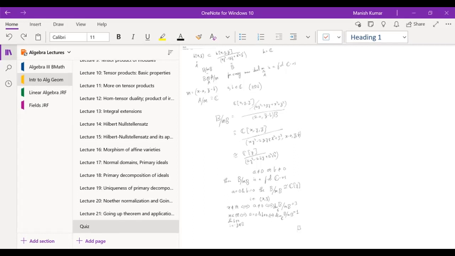And of course the irreducible factors give you irreducible subsets of the zero set of this polynomial. So that gives you a certain number of irreducible subsets, and the primes which these irreducible factors generate are the minimal primes.